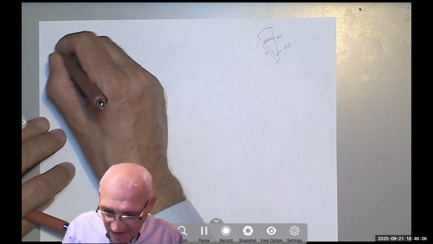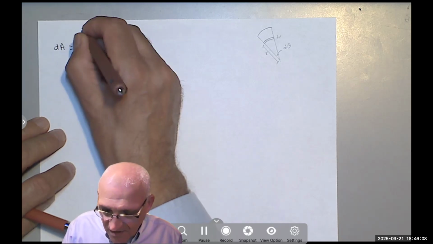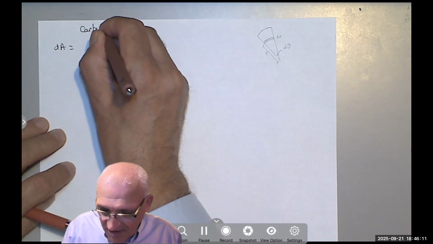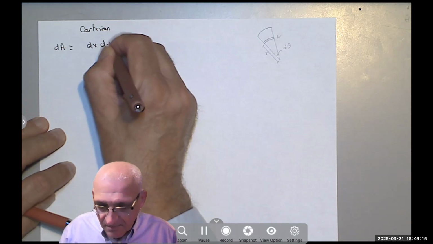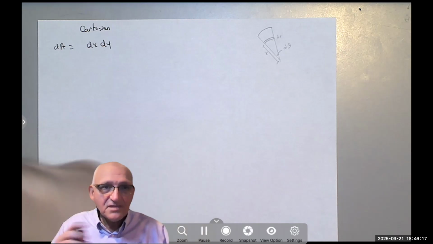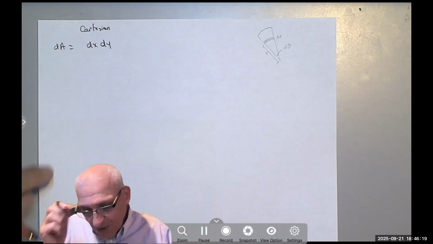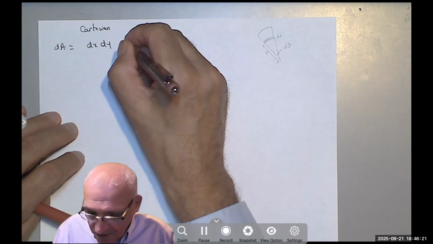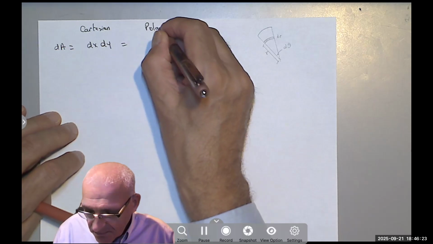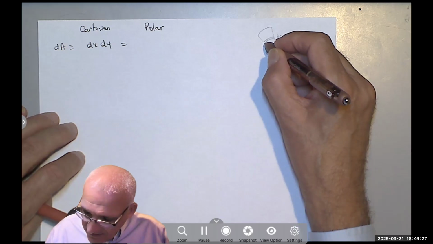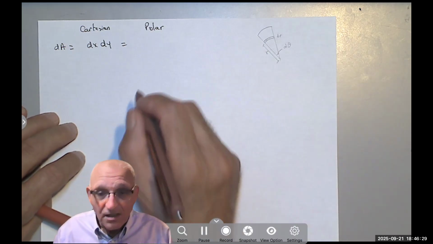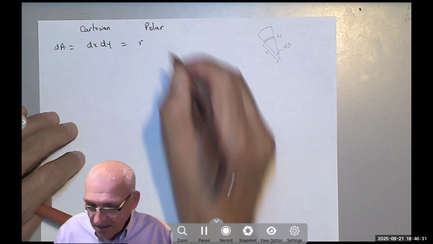Remember, in the case of Cartesian, d area was dx dy, because it was a rectangle of width dx and height dy. In the case of polar, we learned that the length of this arc is r d theta.